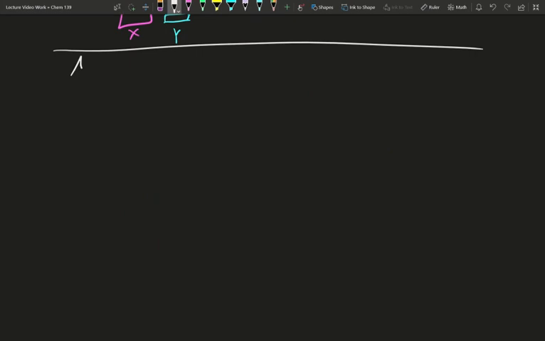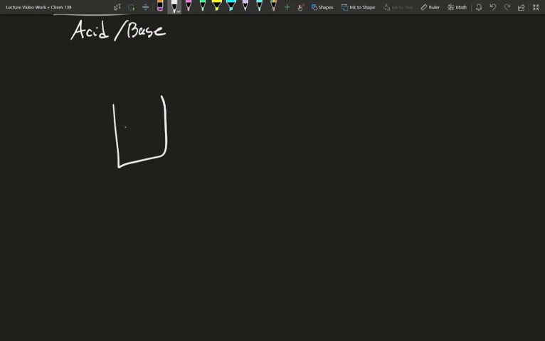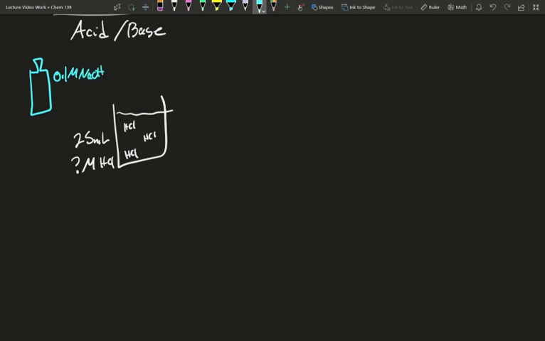The most common use of this is acids and bases. I have a beaker with some amount of HCl in it. I have 25 milliliters of it, but I don't know the molarity of HCl. I do, however, have a bottle that is 0.1 molar sodium hydroxide.